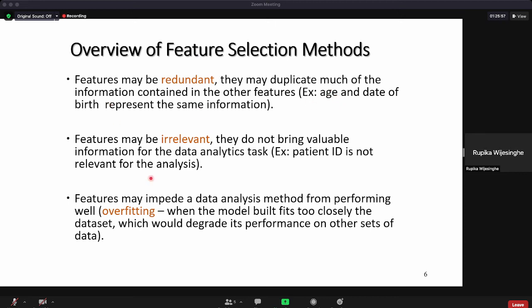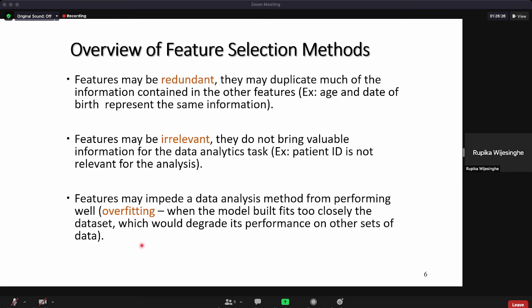And also there can be some irrelevant features, like patient ID may not be important. Sometimes there can be some data that is not important for our analysis. Also, features may impede the data analysis method from performing well. When you have many features, overfitting can happen.